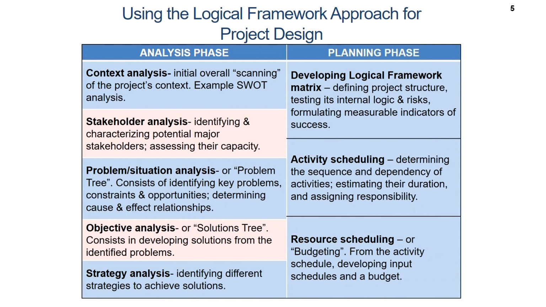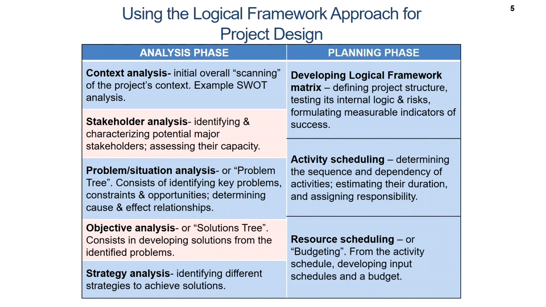Then objective analysis and strategy analysis. Context analysis gives us an initial overall scanning of the project's context, and this is where the SWOT analysis is often used, because you are looking at the strengths, weaknesses, opportunities and threats inherent within the research problem that we are studying.